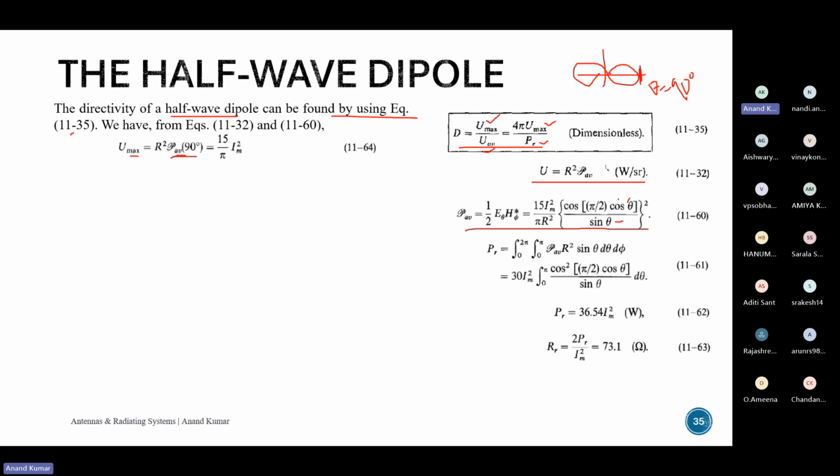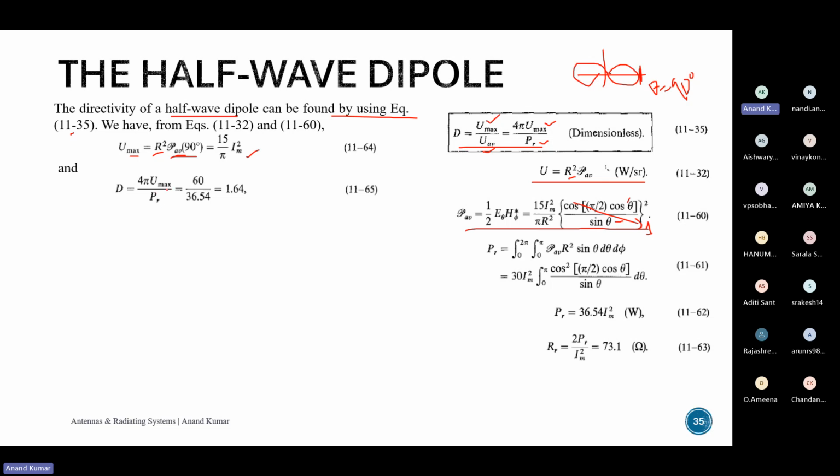At theta equal to 90°, this entire term turns to 1. We have 15 I square m upon pi r square, and we are multiplying with r square, so we end up with 15 upon pi I square m. This is U max.